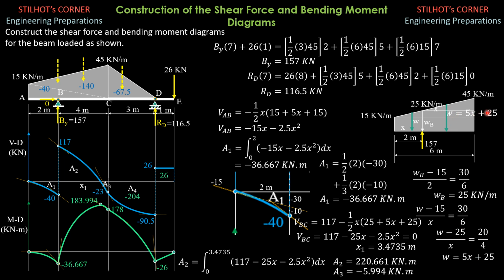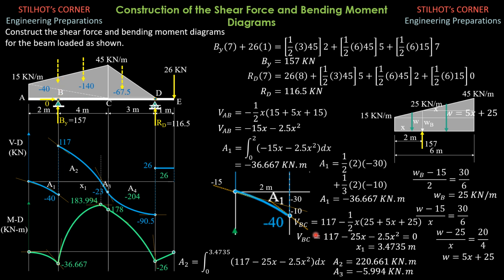So 5x plus 25. Therefore, the shear equation in this portion is 117 minus the area of the trapezoid, where W is equal to 5x plus 25, and the W here is 25.